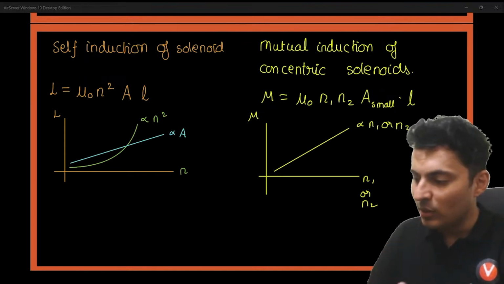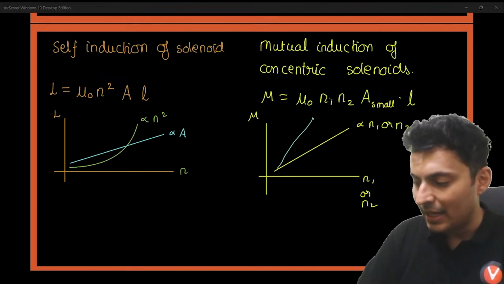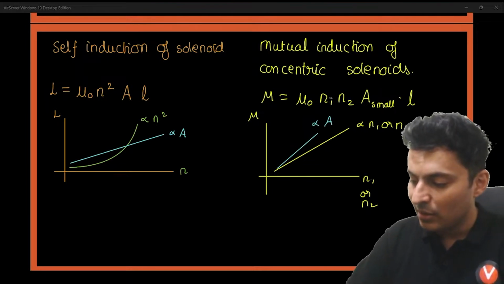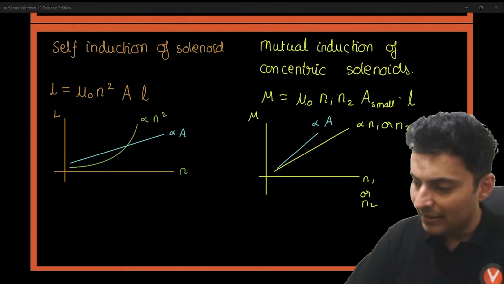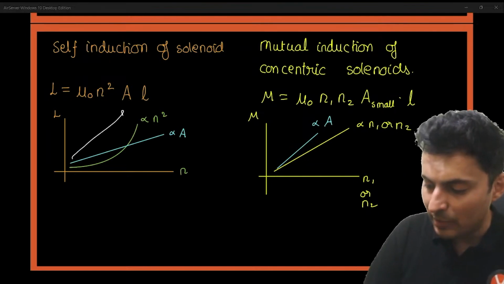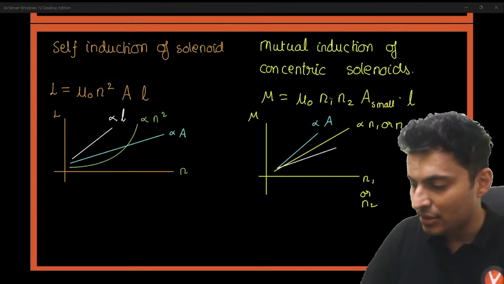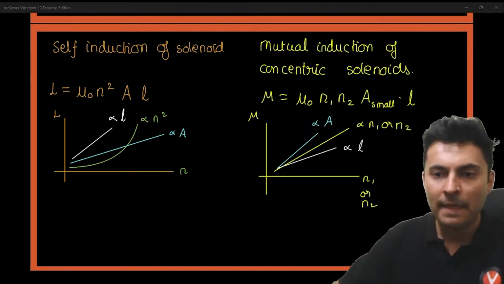If it is asked with regards to area, it is again directly proportional. If it is asked for length, well, it is again directly proportional to the length. So straight line. That's all.